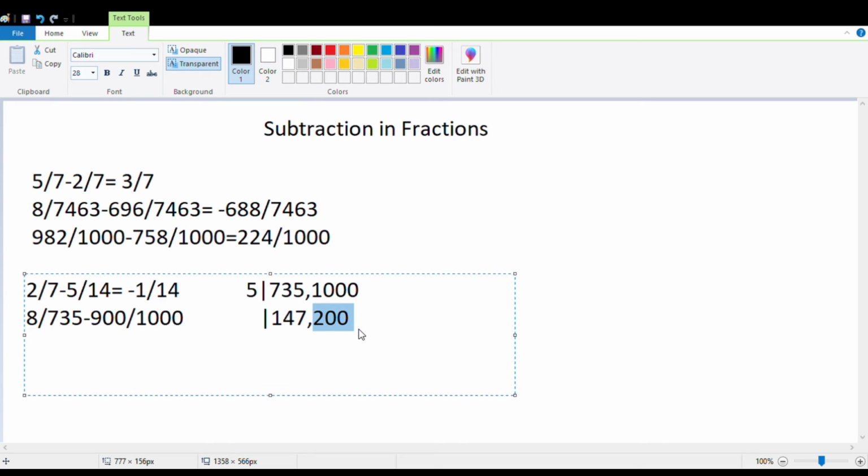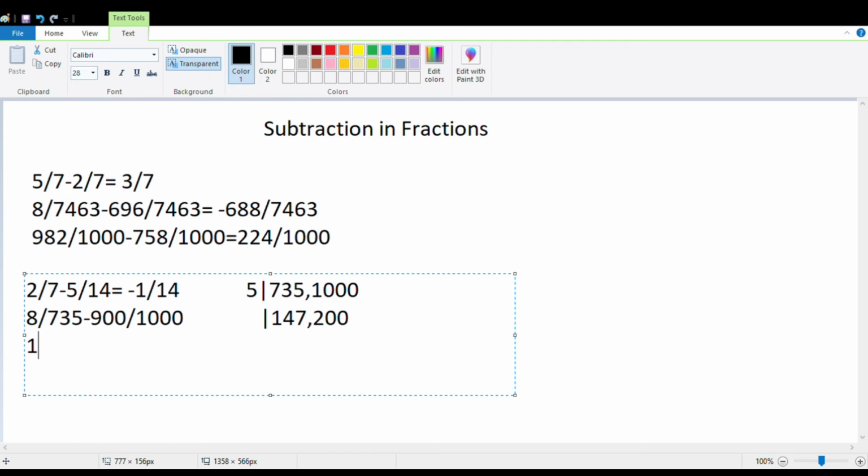So what is 5 multiplied by 147? 5 into 147 is 735 as usual. So 735 into 200 becomes 147,000. Yeah, it's a bit large, I might say, but there isn't much of a choice.